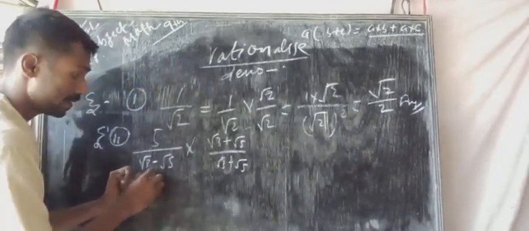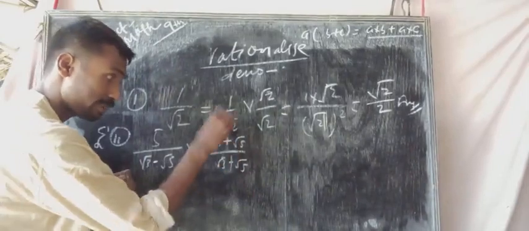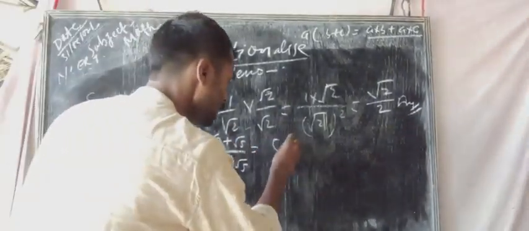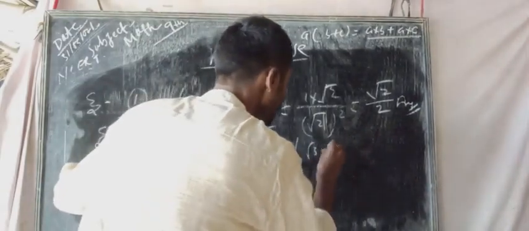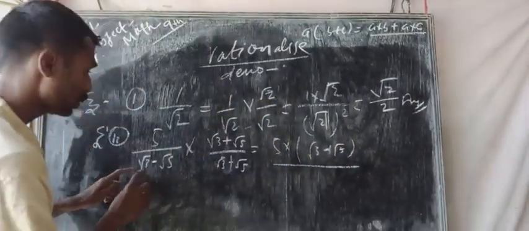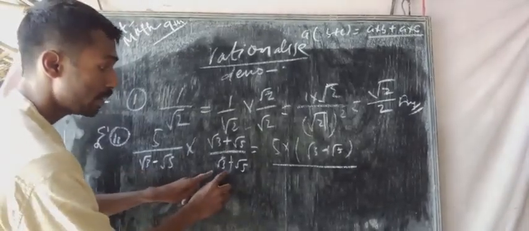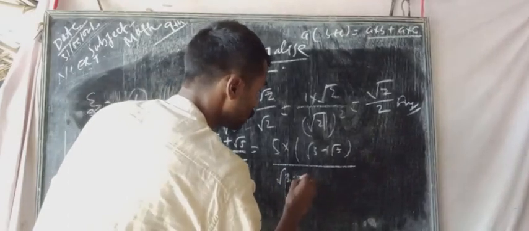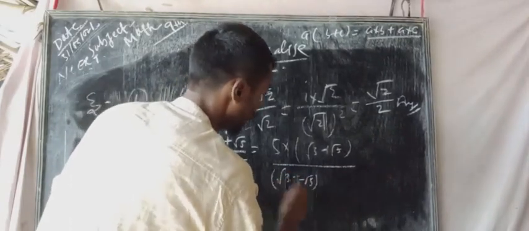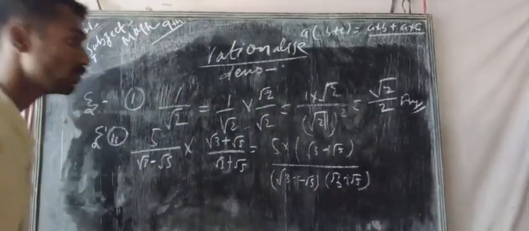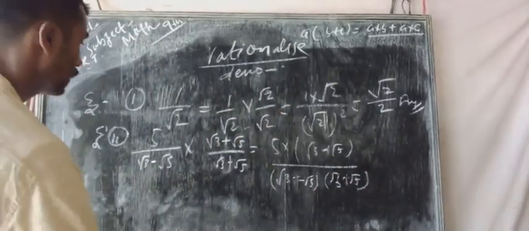So now minus, plus, it will be equal to 5 into root 3 plus root 5 by root 3 minus root 5 and root 3 plus root 5.